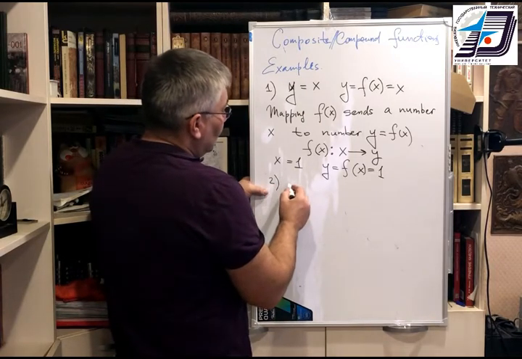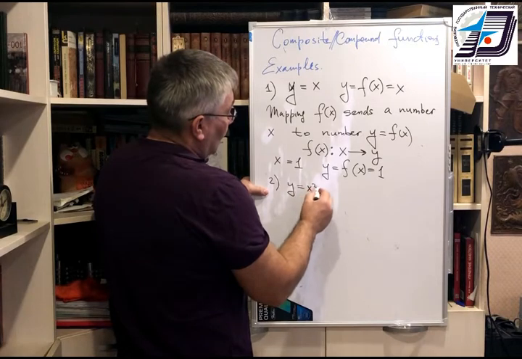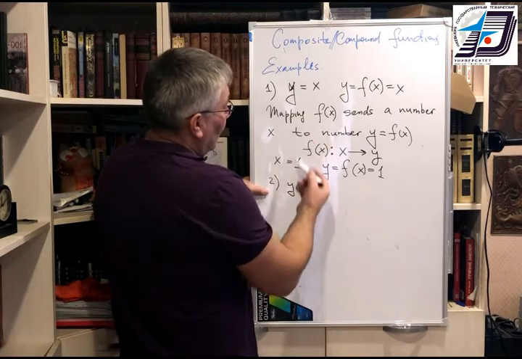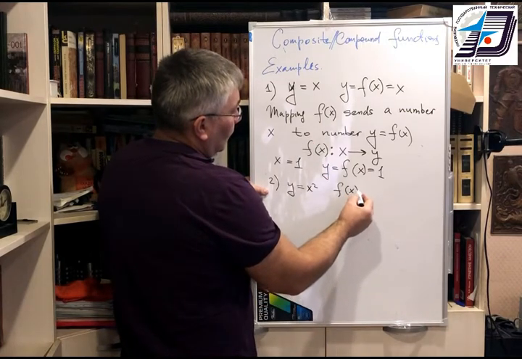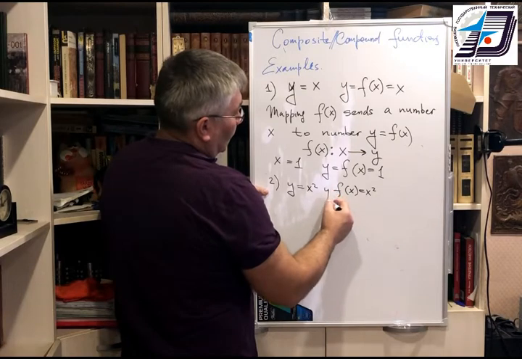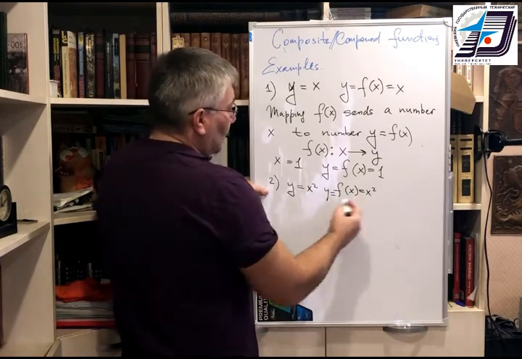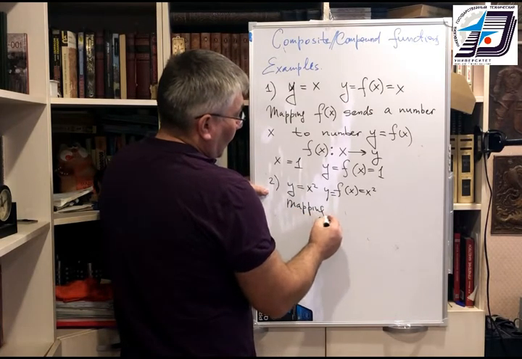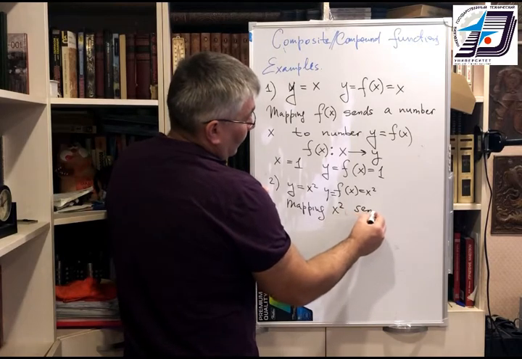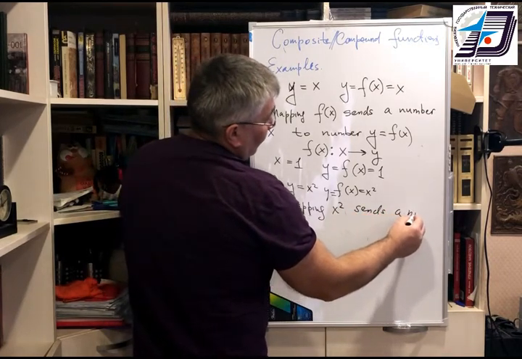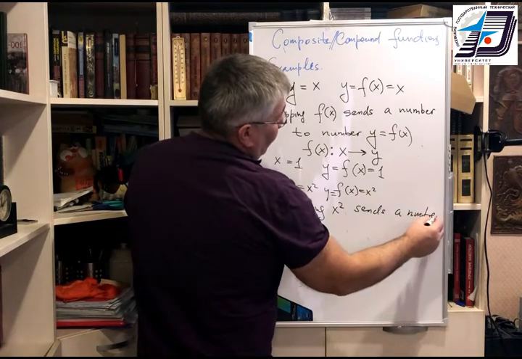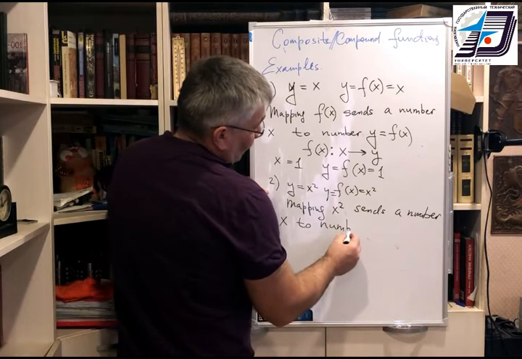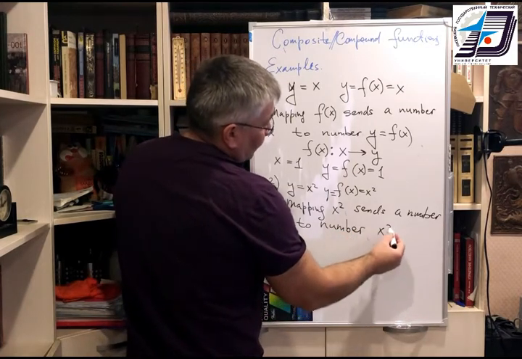For example, you have this function x squared, and here we have the mapping f of x equal x squared. By the way, it's still y. Mapping x squared sends a number x to number x squared.